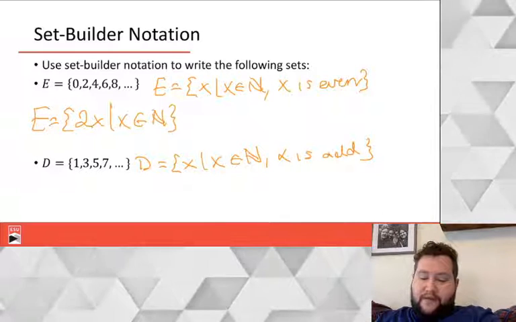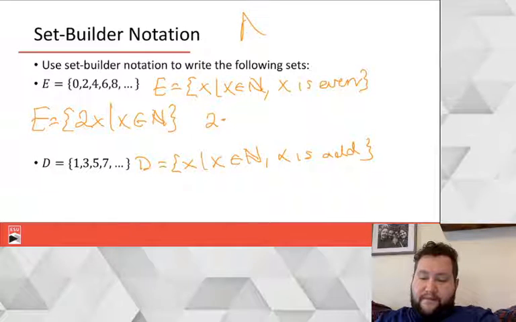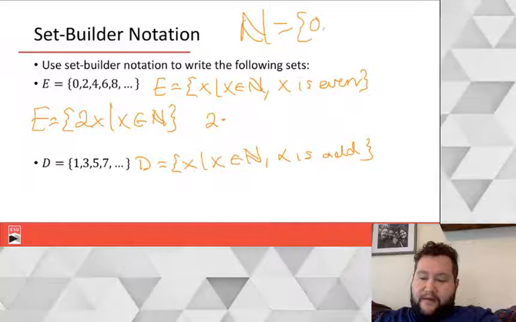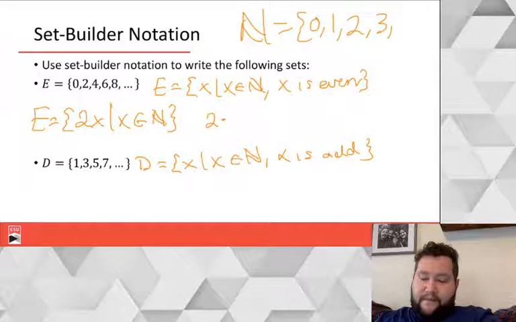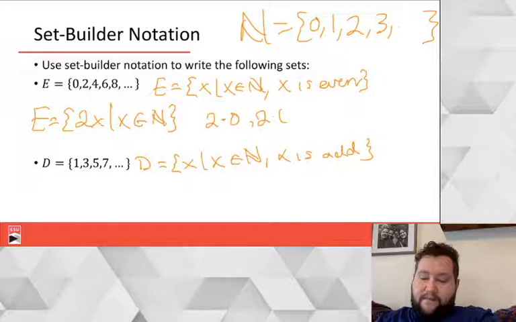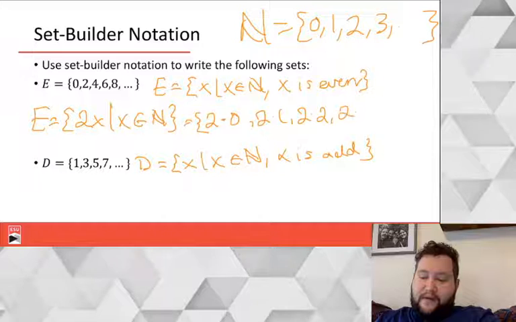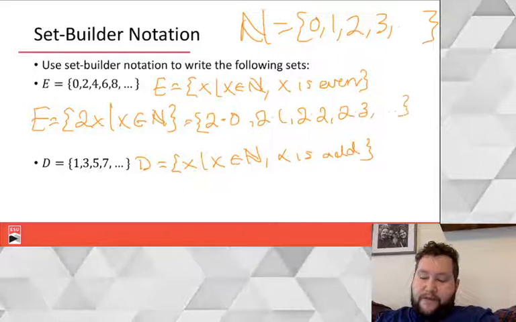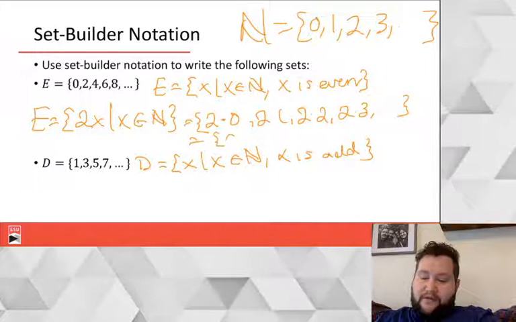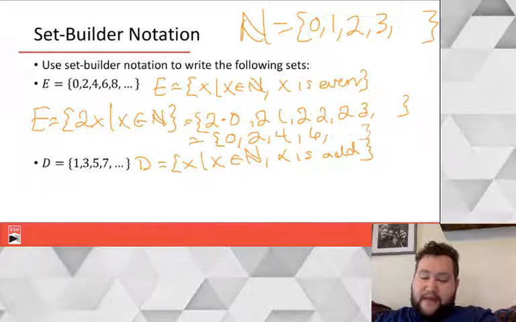So we have 2 times, and remember, N is 0, 1, 2, 3, and so on. So we have 2 times 0, 2 times 1, 2 times 2, 2 times 3, and so on, which is 0, 2, 4, 6, and so on. Exactly what we wanted.